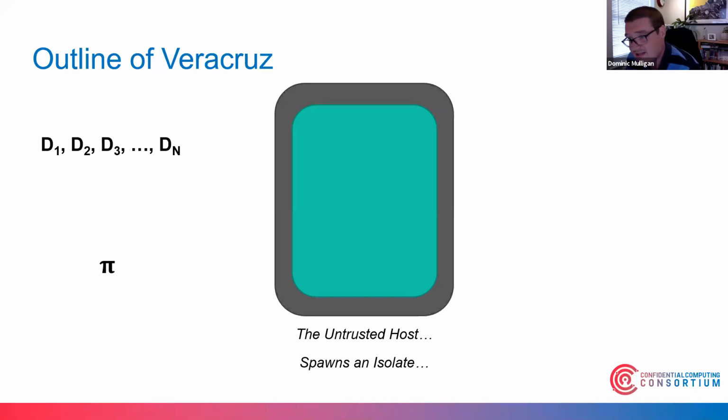So the isolate could be, in the case of Veracruz, an Intel SGX secure enclave, an ARM TrustZone trusted application, an AWS Nitro enclave, or an instance of the high assurance seL4 hypervisor, which is a software isolation mechanism. The other three are hardware, whereas seL4 is software.